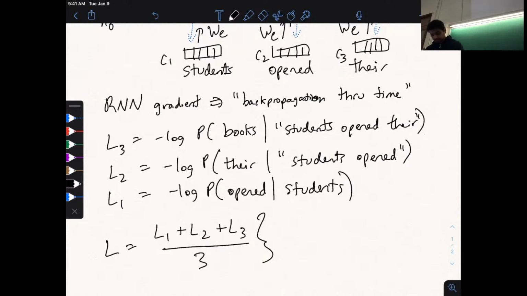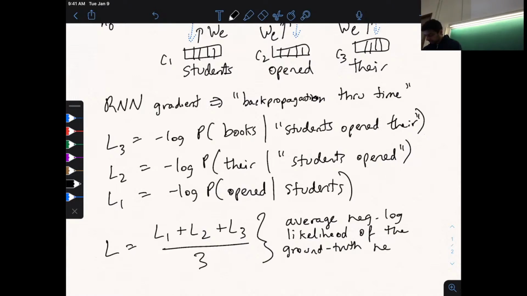So this is the average negative log likelihood of the ground truth next word over all tokens in the batch.